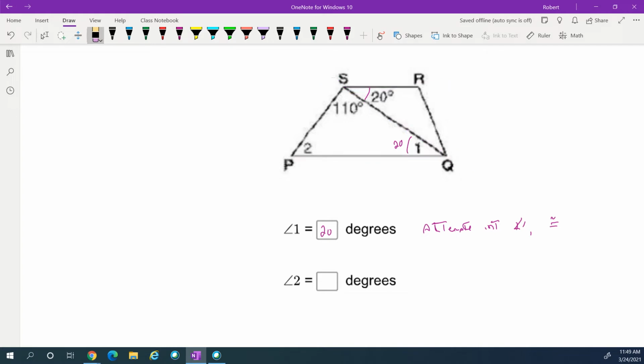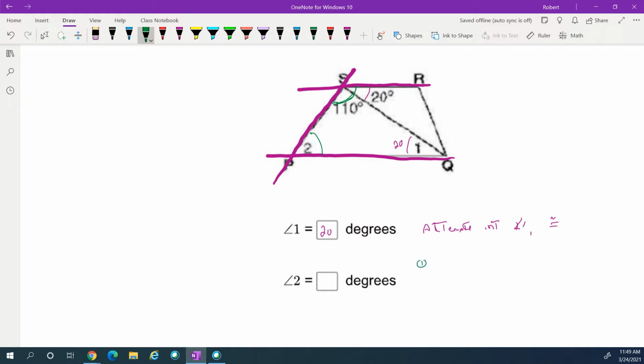Now for angle 2, we can do this two different ways. We can work on that triangle. We know 20, 110, and we're looking for angle 2. The angles of a triangle have to add up to 180. We could also go back to our parallel lines cut by a transversal. We have consecutive interior angles.